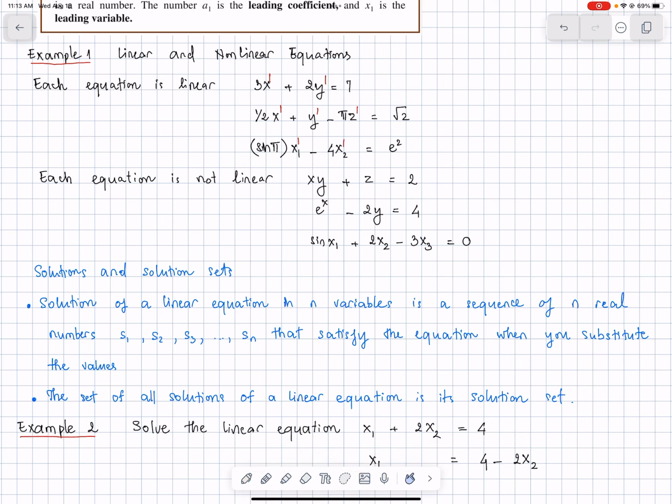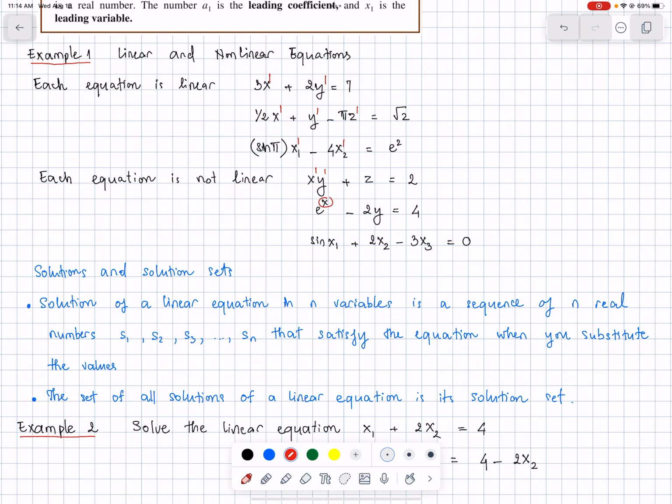An example of a nonlinear equation is x to the 1, y to the 1, plus z equals 2. Even though the exponent of x is 1 and the exponent of y is 1, because x and y are multiplied, the exponents add, which makes the degree 2 in this case, so that's why it's not linear.